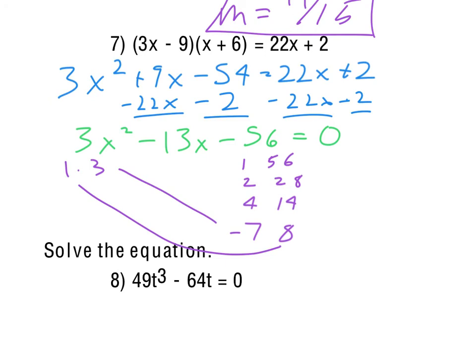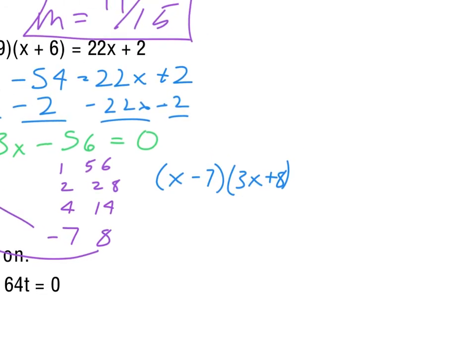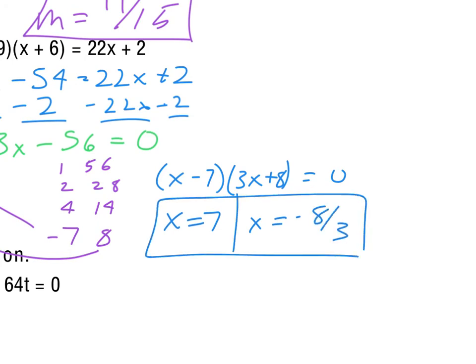So that would factor for us as x minus 7 and 3x plus 8. So again, this equals 0. So one of the solutions is x equals 7, and the other would be x equals negative 8/3. So those are the two solutions we come up with for that one.